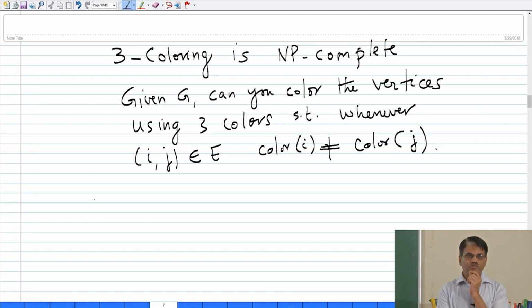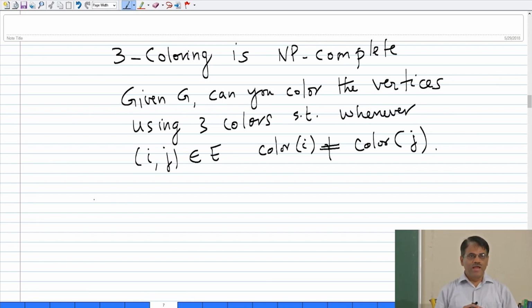So he says, okay, if you give me a 3 coloring, I can verify. But if you tell me that it is not a 3 coloring, how do you verify? Good question. If you go back to my definition of NP, what is the definition of NP? The yes answer has a certificate which can be verified in polynomial time. I made no claims about the no answer.